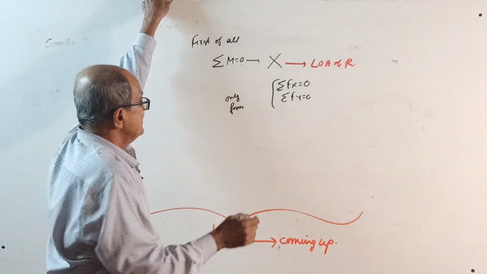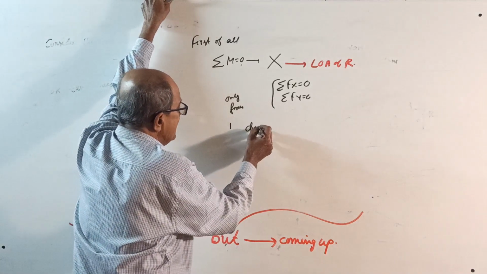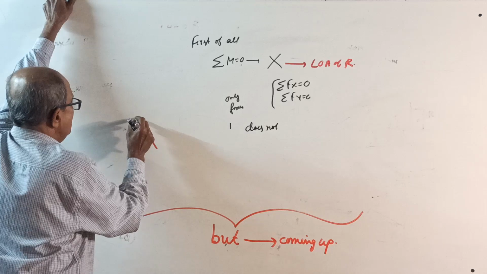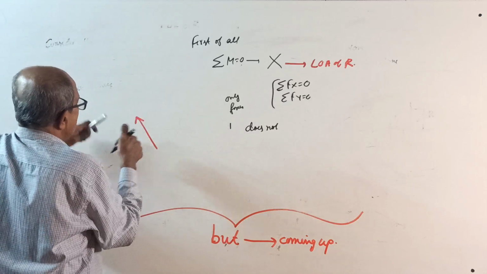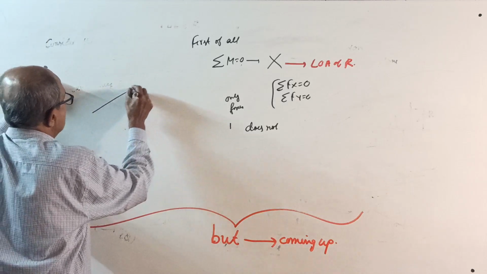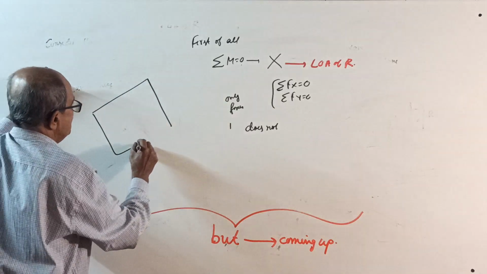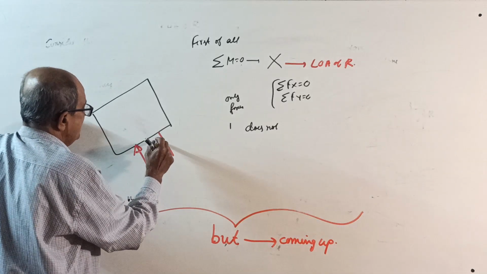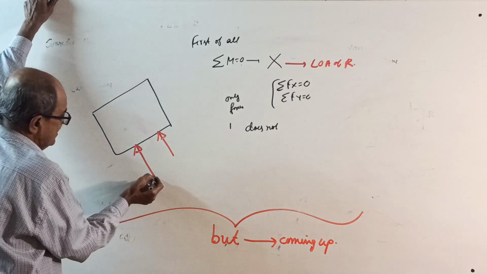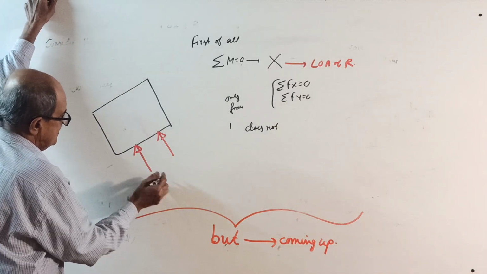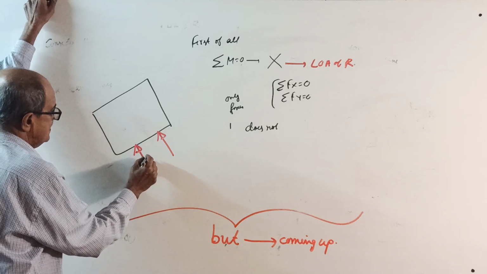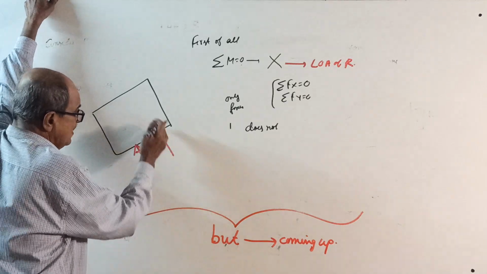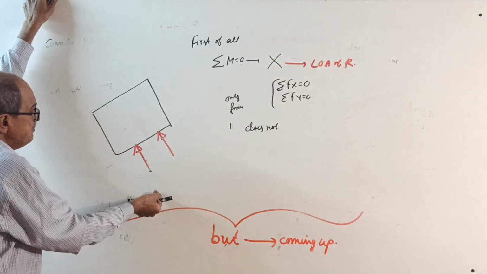In such cases, it does not matter whether you put R this side or this side, whatever way you put, it is perpendicular to the plane.